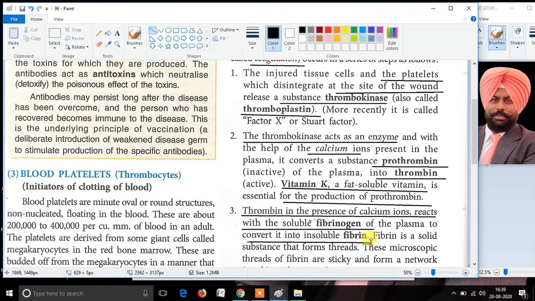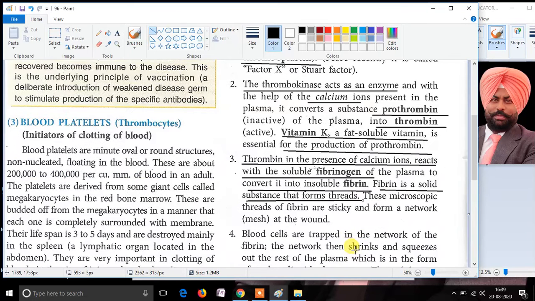This fibrin, the product, is actually a solid substance, and it forms thread-like structures. Those thread-like structures stick to each other, and this forms a mesh-like structure which is actually called a clot.